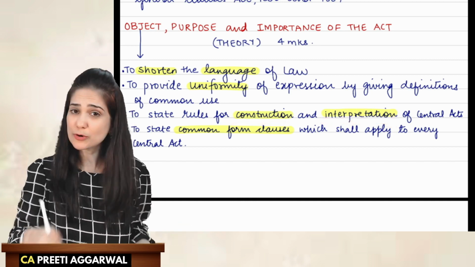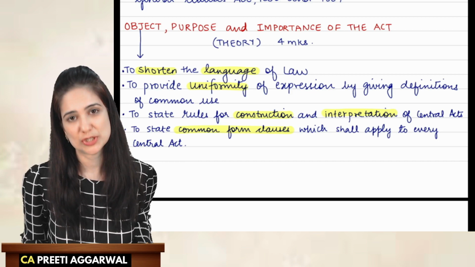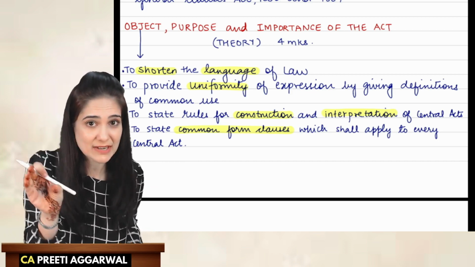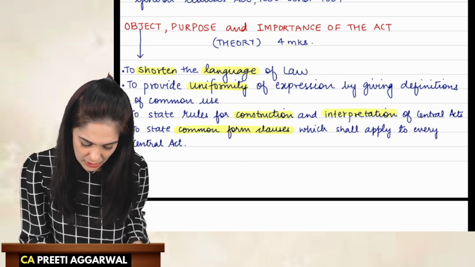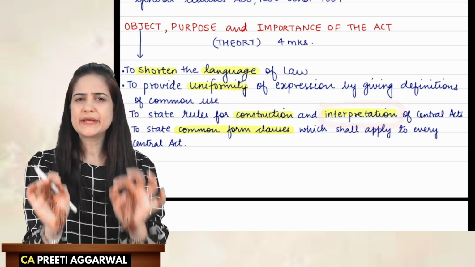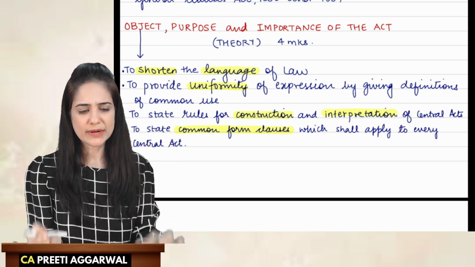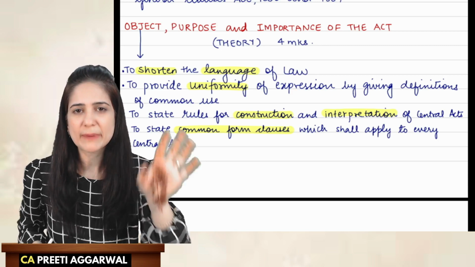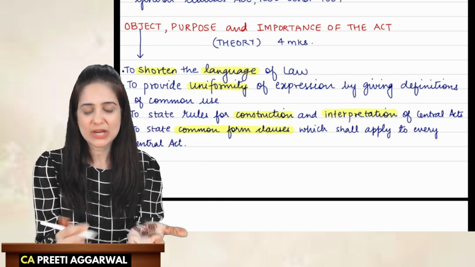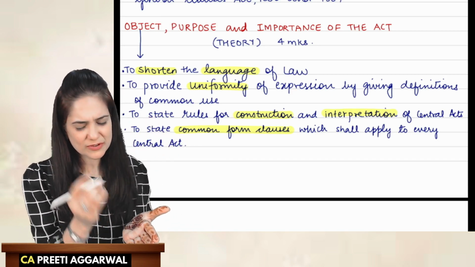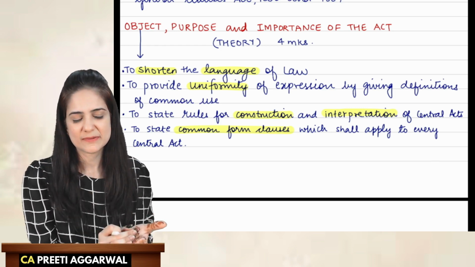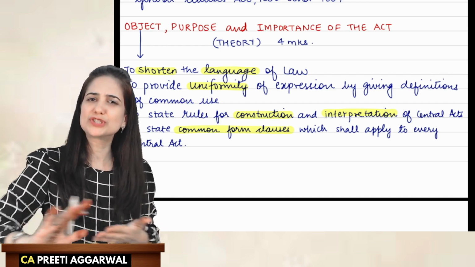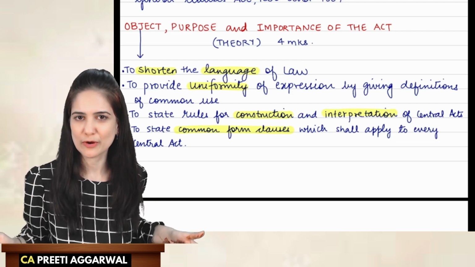Ma'am, what is this? We are going to study this later in the interpretation of statutes. Interpretation of statutes is not an act, it's a guideline. Interpretation means reading the text and trying to understand it as it is, without applying our brain. Just apply grammatical knowledge. You read the sentence and try to understand it as it is. If it gives you a very logical answer, problem solved.